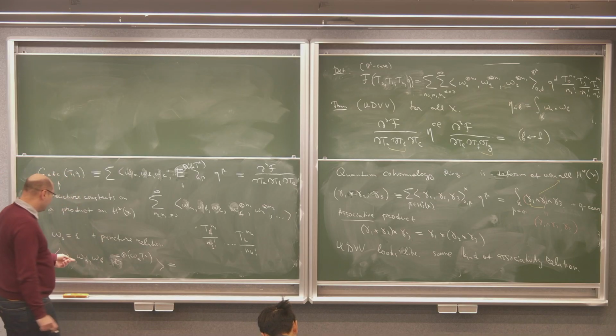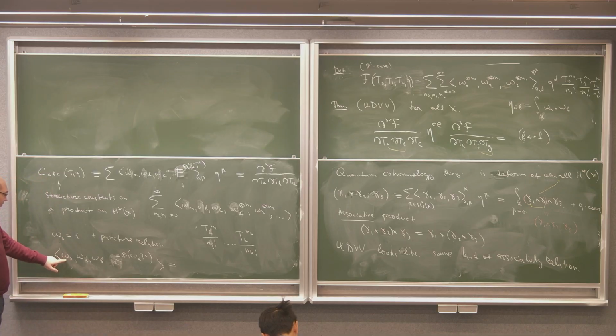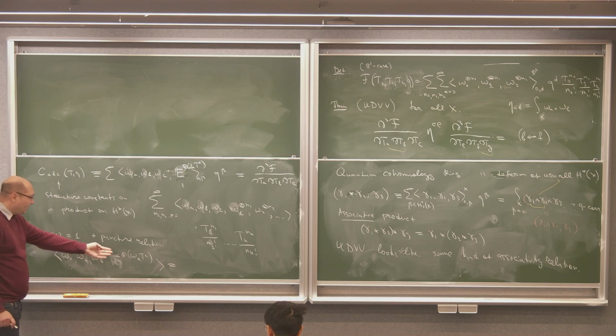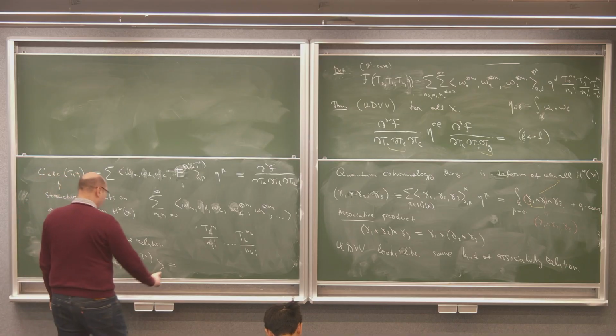So the puncture relation tells us that if you have this identity form insertion and at least 3 other insertions, such invariants vanish.